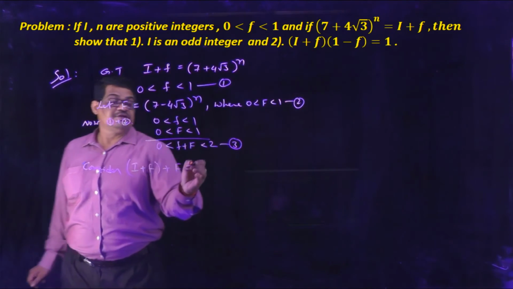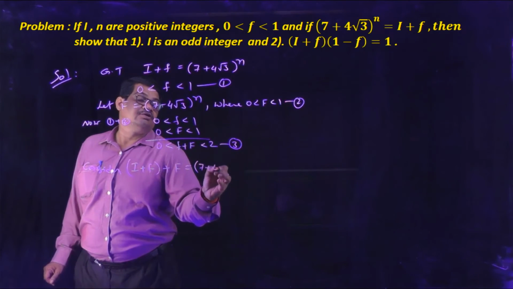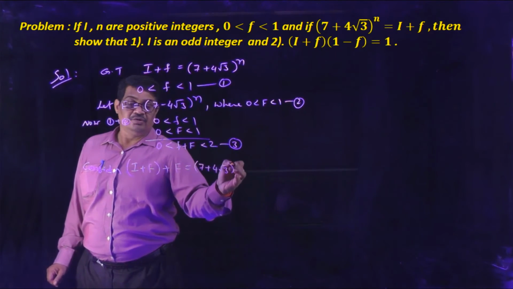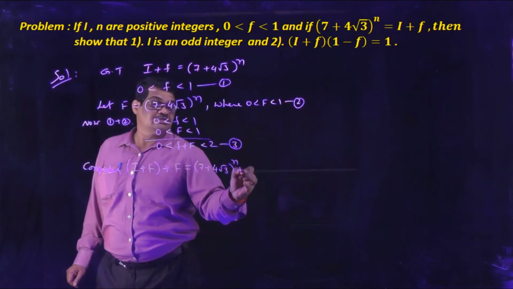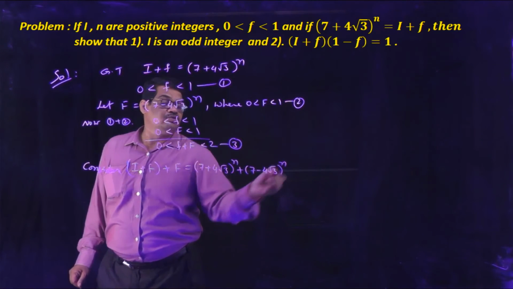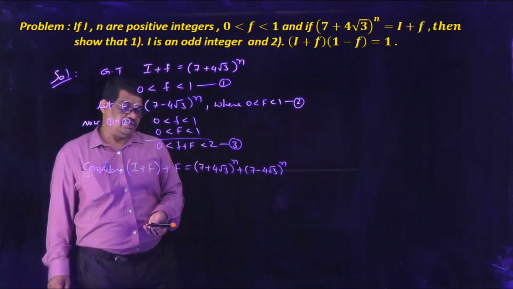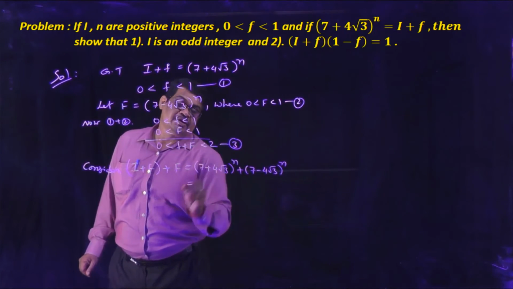What is I plus f? That is the expression (7 plus 4 root 3)^n plus (7 minus 4 root 3)^n. Now we are using the binomial theorem, expanding these two expressions.